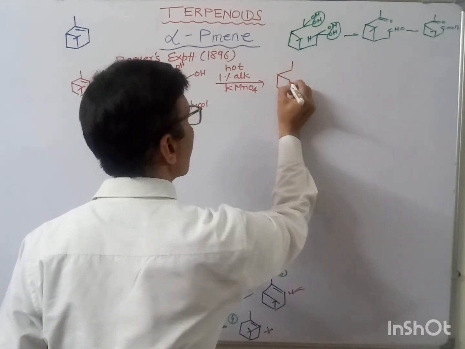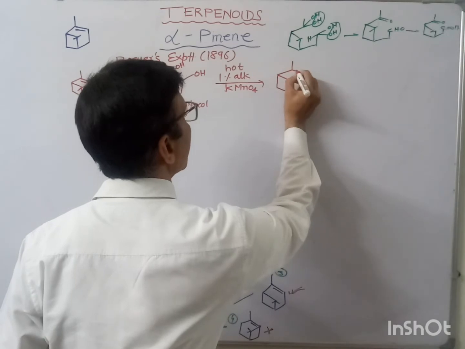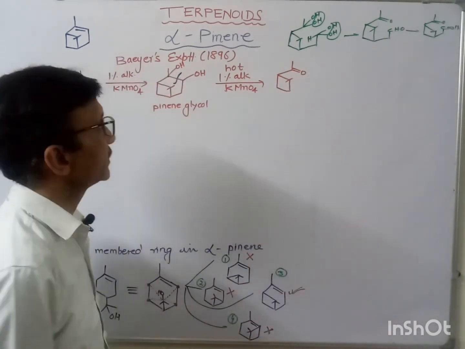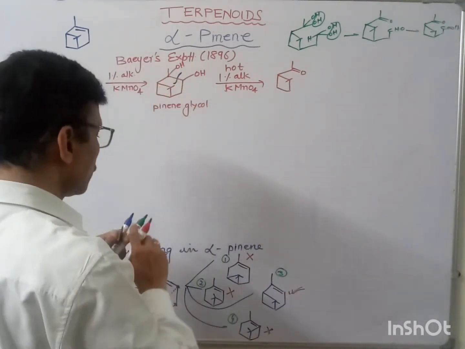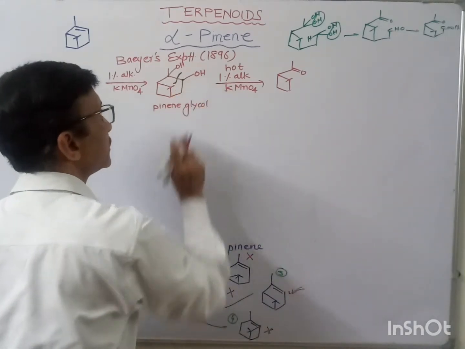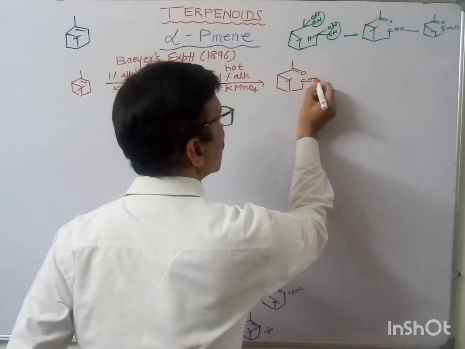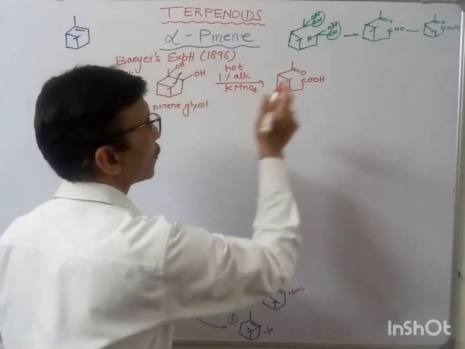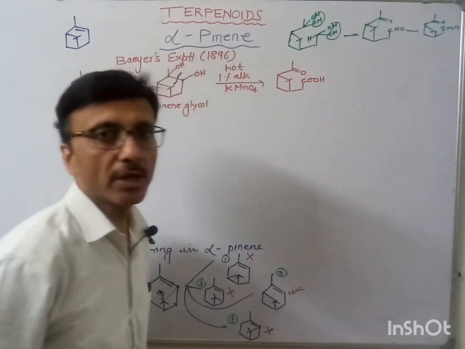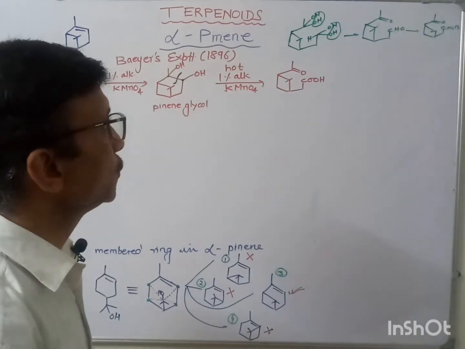A keto. So this carbon will be converted into keto, whereas this carbon will be converted into COOH. First of all, it will be converted into CHO, and further it will be oxidized to acid.